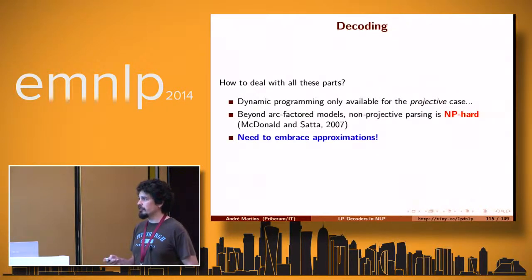But in the case of non-projective parsing, it's much harder, because if we move beyond arc-factored models, if you have any score that does not just factor on arcs, then the problem becomes immediately NP-hard. This has been shown by Ryan McDonald and Giorgio Satta. And so we really need to embrace approximations to build an accurate non-projective parser.